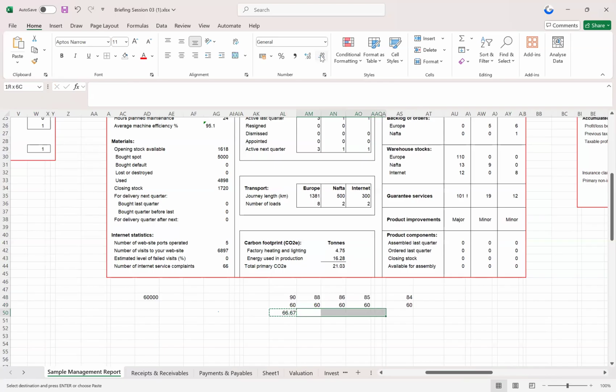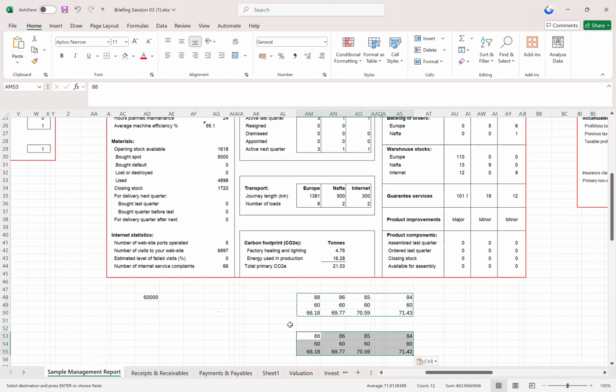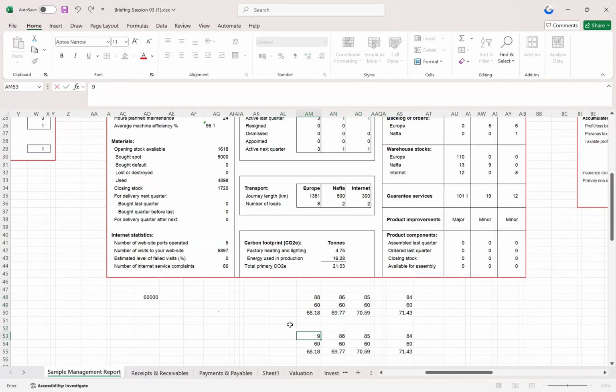Now, if I had taken this call to sell my machine in the first or the second quarter, then on any product of product one that I'm machining at my factory, let's say from 88, because I had sold my older machines, my new machine efficiency had increased to 95.